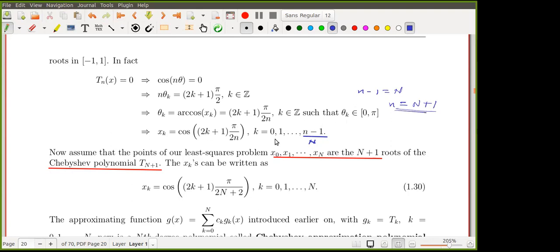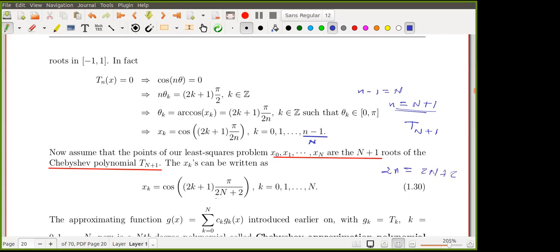So this will be the roots of t n, which is t capital N plus 1. And if we replace n here with capital N plus 1, 2n becomes 2 capital N plus 2.